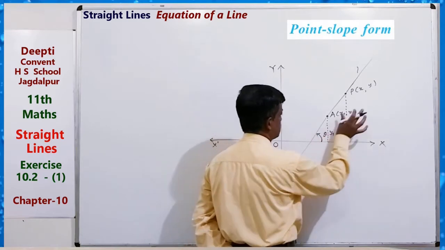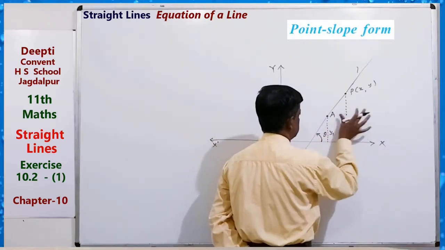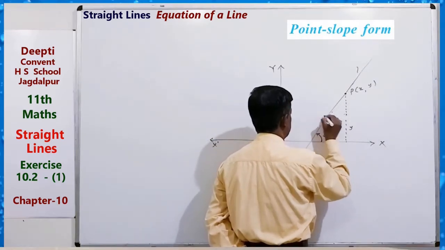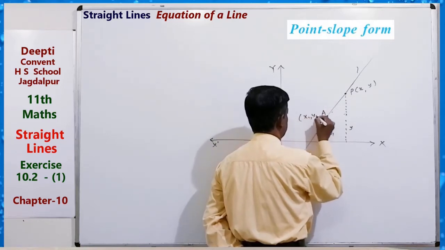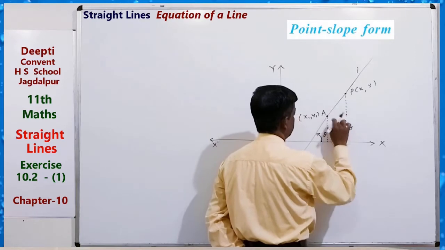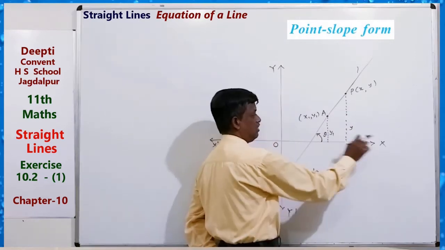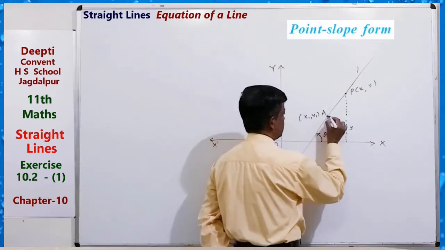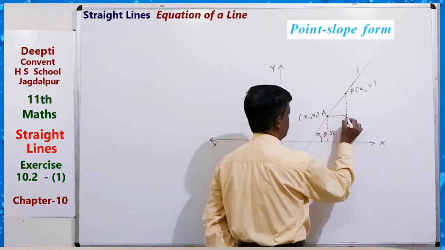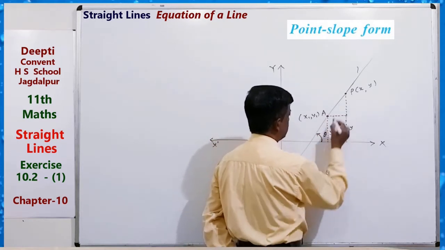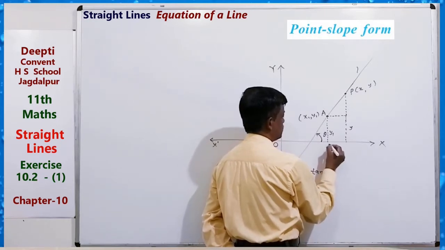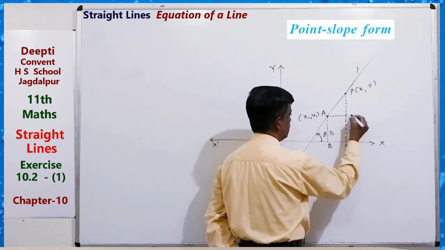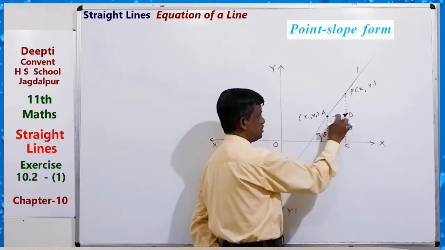Now if we draw a line parallel to the x-axis from here and a perpendicular here, suppose the points are P, A, B, C, D. Now this and this are parallel lines.